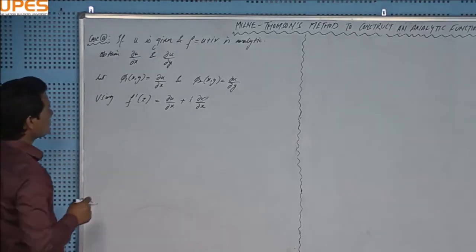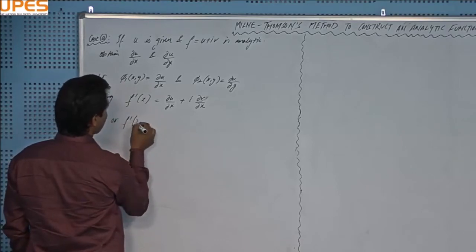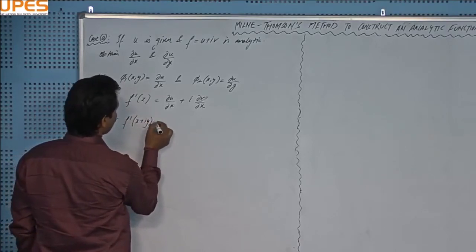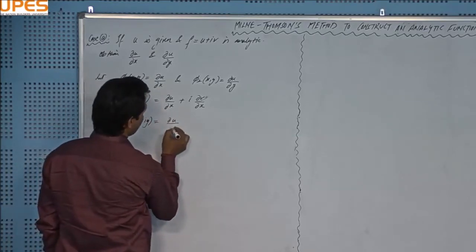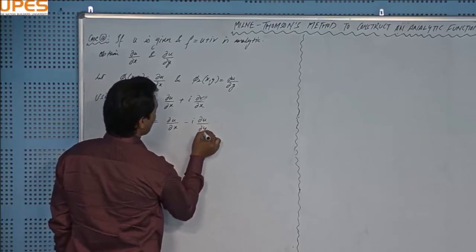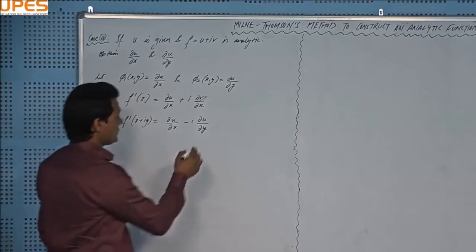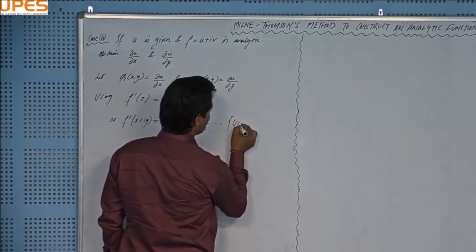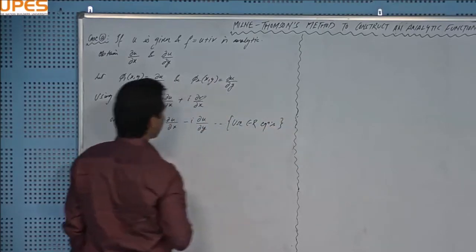Or f dash z can be written as f dash of x plus iy equal to del u by del x minus i times del u by del y. I have used one of the CR equations here.